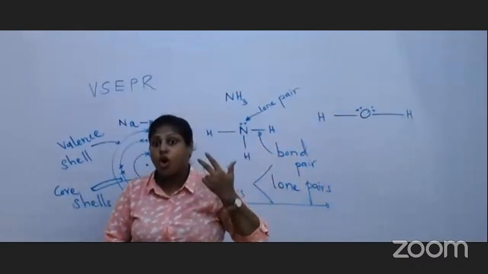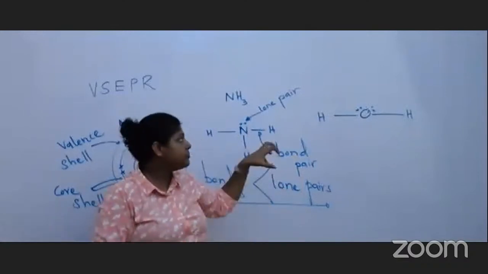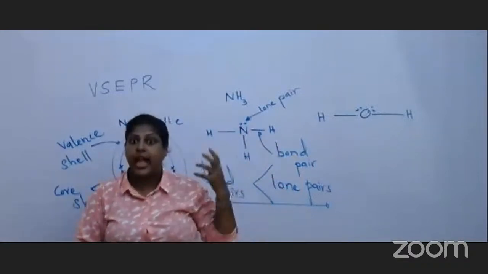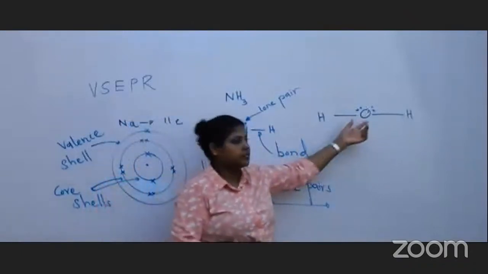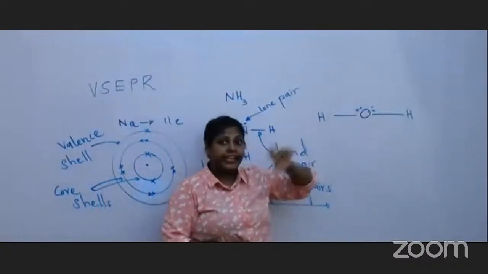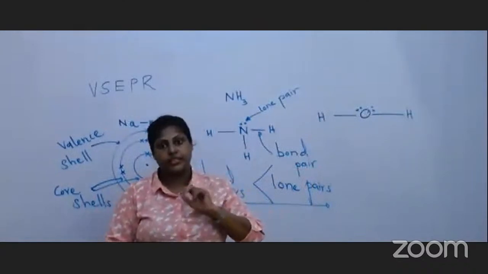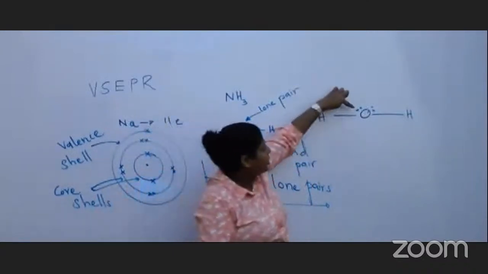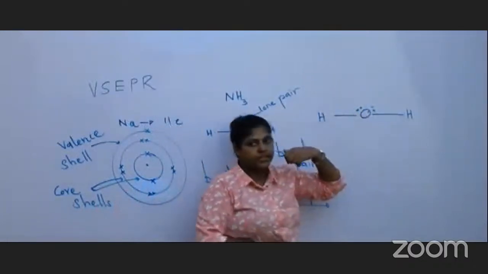It needs 2 more electrons to complete its valency. That's why oxygen combines with 2 hydrogen atoms to complete its octet. So the oxygen atom has 2 lone pairs, 1 and 2, and 2 bond pairs.